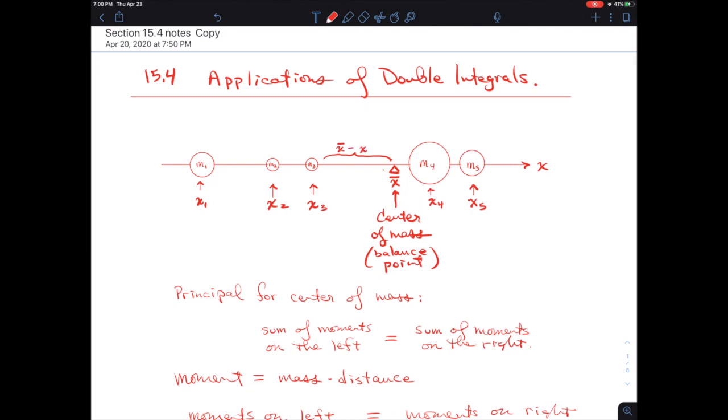Sorry, the distance is x bar minus x3, and then you'd multiply by mass to get the moment. And then for the second mass, M2, the distance is going to be x bar minus x2. Okay, and then of course for the third one, the distance is x bar minus x1.